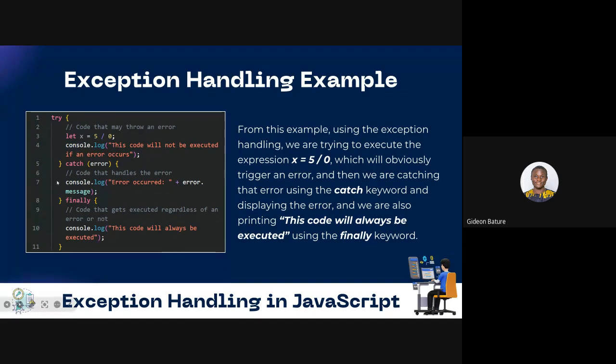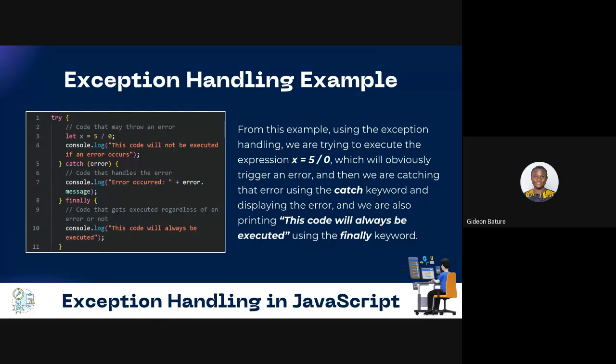And then this finally, just like you remember your switch statement, where you have switch, case, and default, right? So this finally, irrespective of whether the code you are trying to run has an error or not, the finally is going to work. Do you get? So that is how try, catch, and finally works.